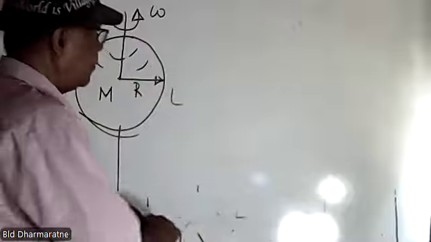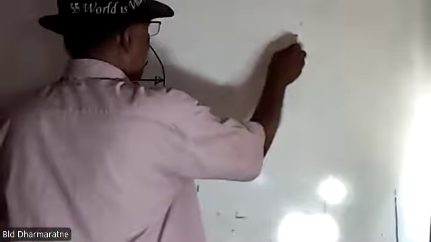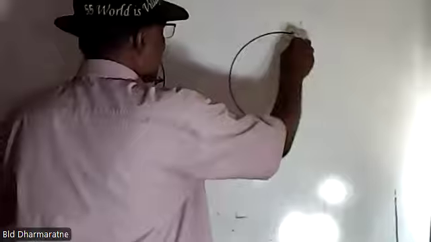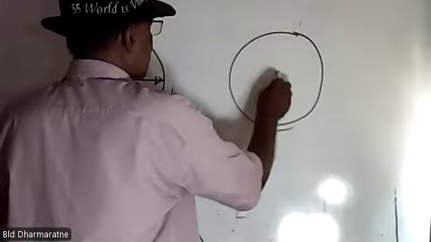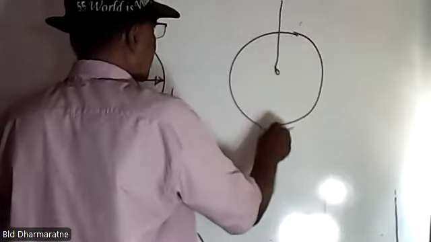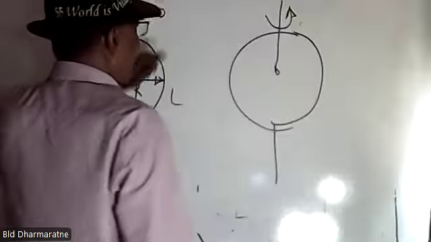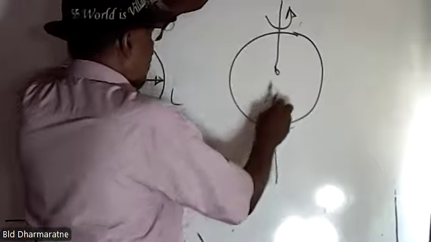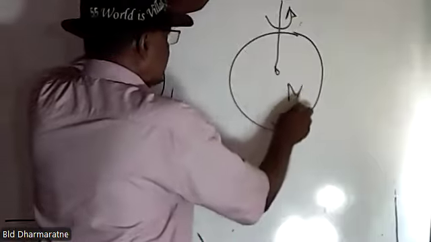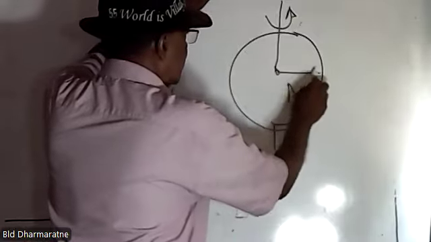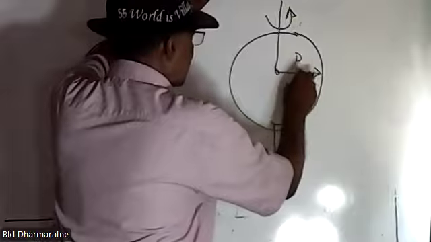Hollow sphere, like this here, is hollow one, inside nothing. This is the axis, the rotating axis. We are discussing the lesson on rotating bodies all the time. Mass M, and R is the radius.